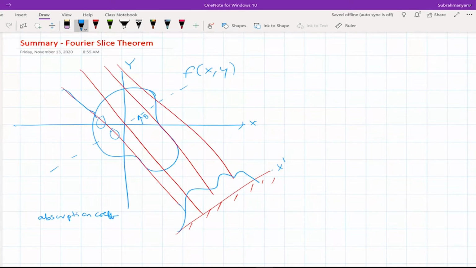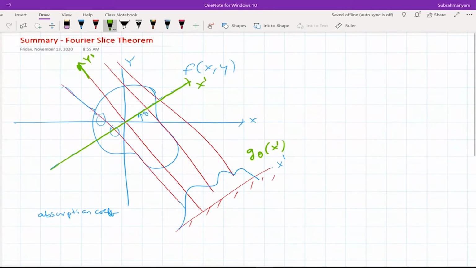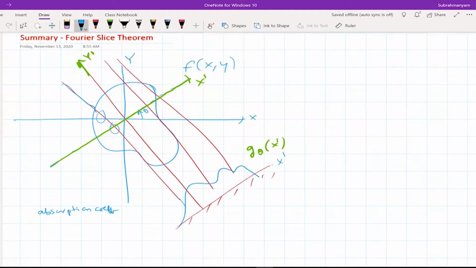Now if you put a coordinate axis, keeping this as x dash and this as y dash, let's call this function g theta, because this would vary with varying theta. And now you have x dash here, so let's call it g theta of x dash. That's what we started with.